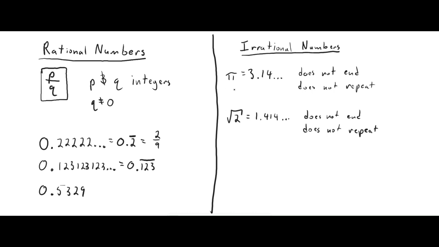There's another one called Euler's constant e, which is about 2.71, but it goes on forever and does not repeat. And also any of these square roots or cube roots of integers that are not perfect squares. They are irrational. Like square root of 4 is rational because that's 2. But try to find square root of 3 and that'll be an irrational number.